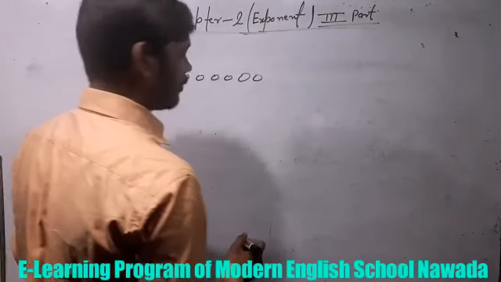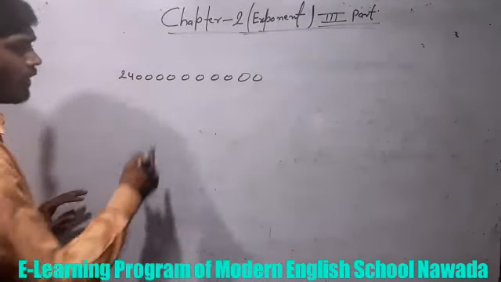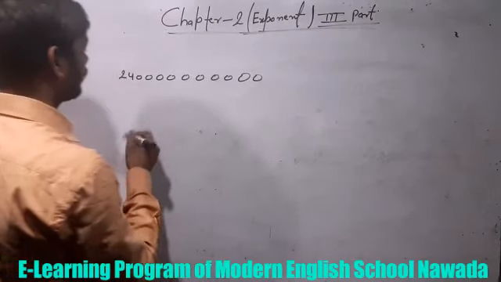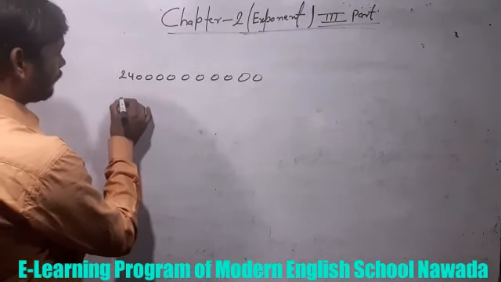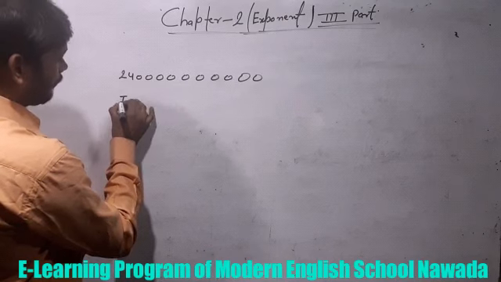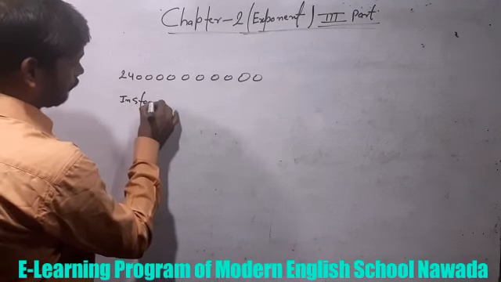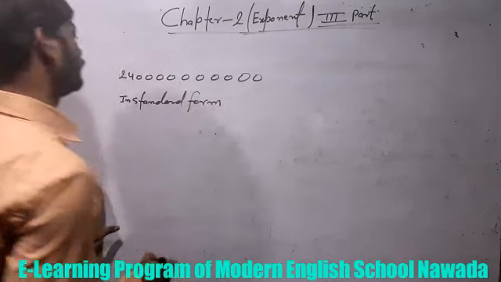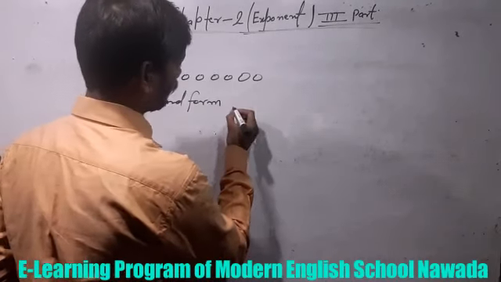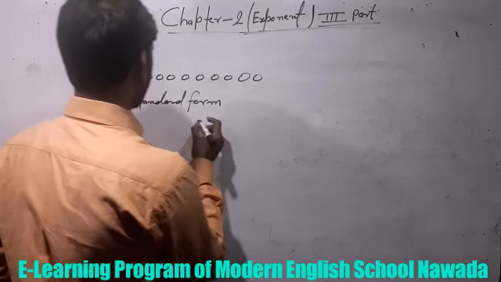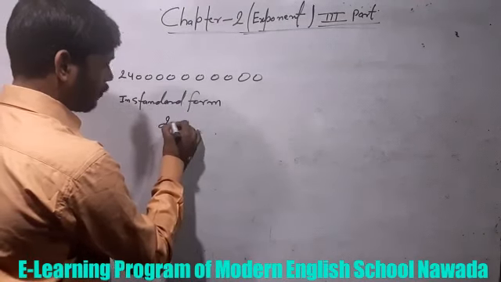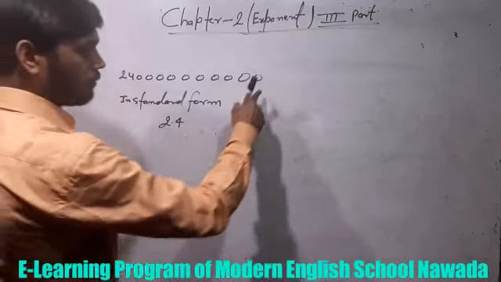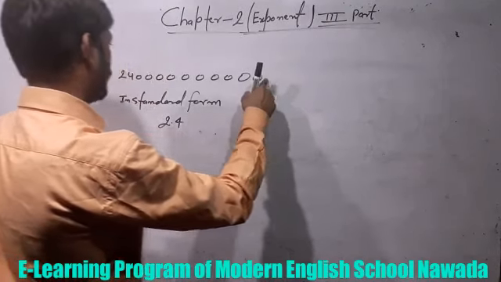According to the explanation, you can write it in standard form. The number is 2.4.